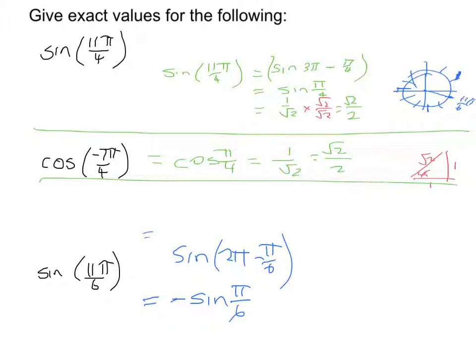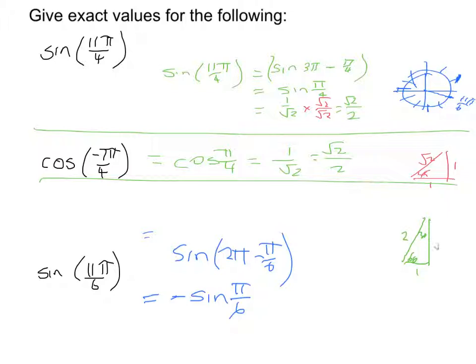So what we need to do there is to get our second triangle, which looks like this. So that's a 60 degrees and 30 degrees, where that's 2, that's 1, and that's root 3.